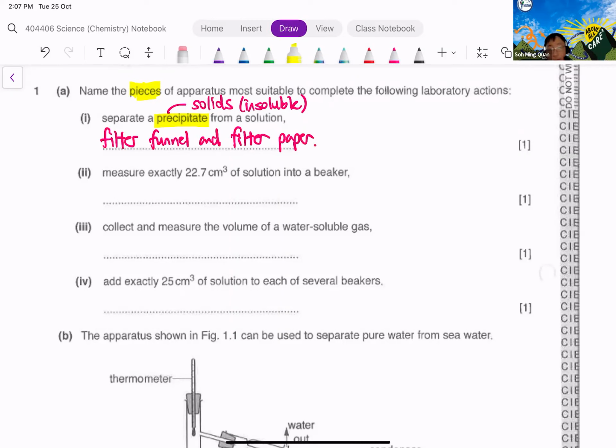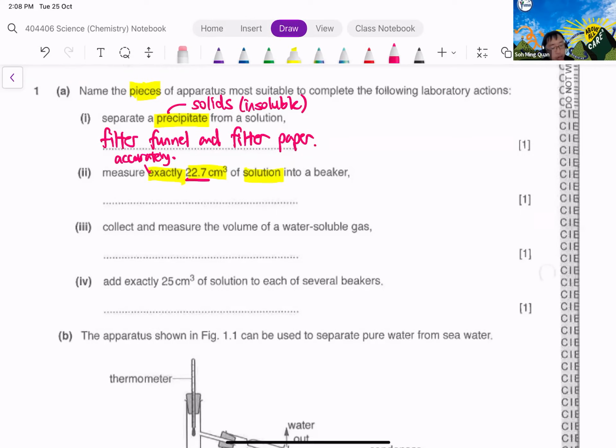All right, next, part 2, measure exactly 22.7 cm cube of solution. Now, exactly, another way to put it is accurately. If it's accurately, you need to use either burette or pipette. Then you look at 22.7. 22.7 is a clear-cut clue to you that you need to use a burette.